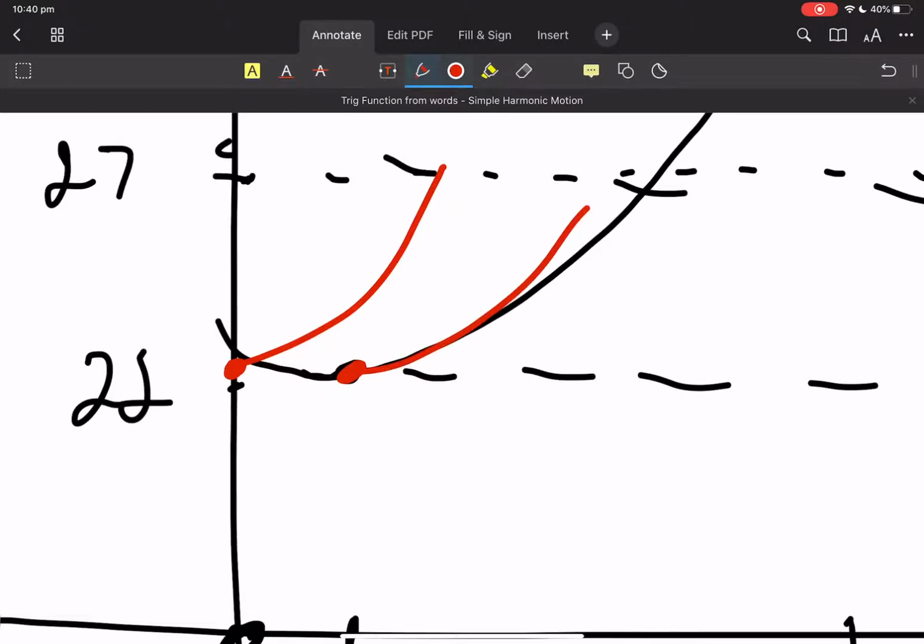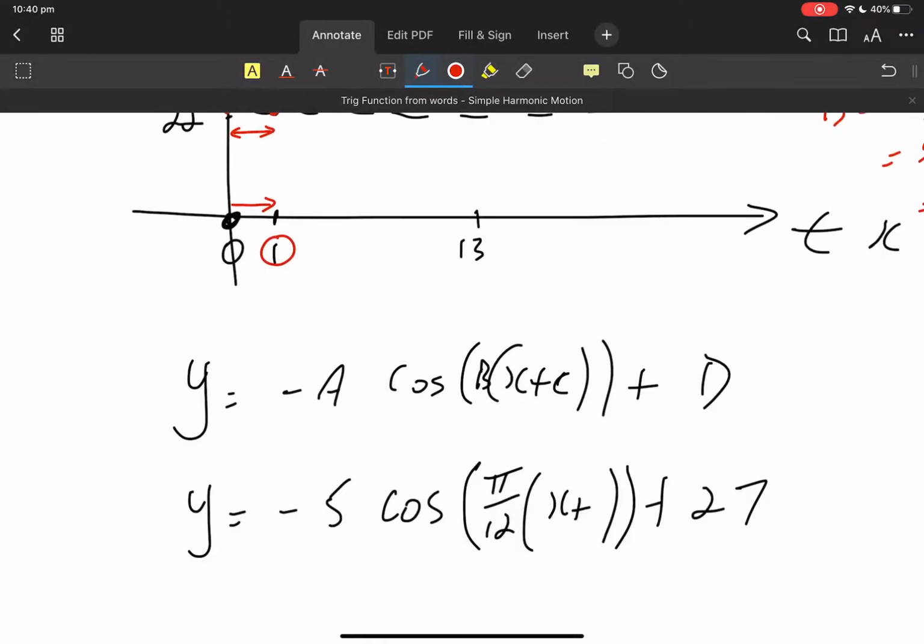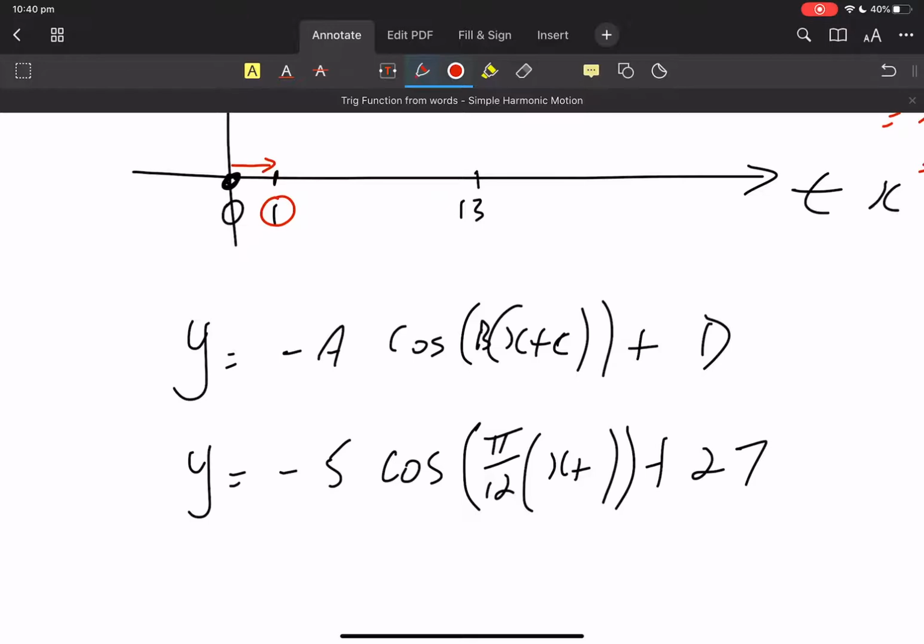It's starting there and going up. So this distance here is my phase shift, and you can see that it's shifted 1 unit to the right. So that is definitely not going to be a plus. It's going to be a minus because I'm moving to the right, and I'm moving to the right 1 unit.